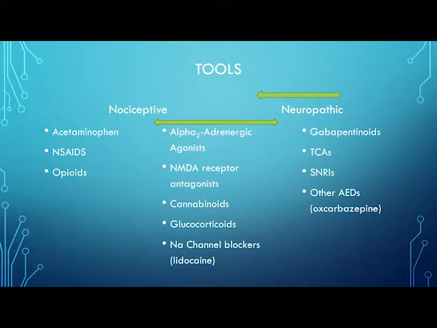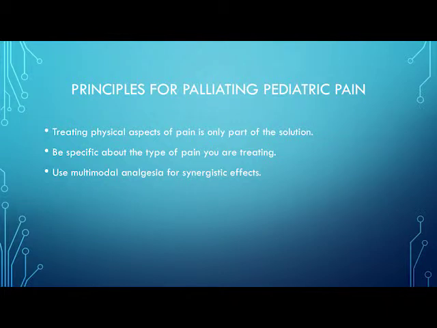The neuropathic agents, I wouldn't use them on their own for nociceptive pain, but they can be used as adjuvants and can be really helpful. Going in the other direction, unfortunately, using Tylenol for neuropathic pain, that does not work. So my next principle is to use multimodal analgesia for synergistic effects.